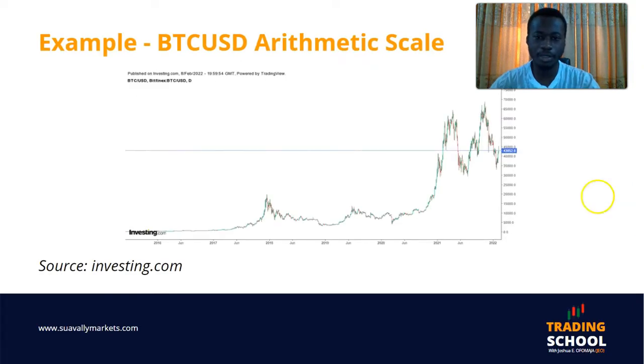Here is a chart of Bitcoin from 2016. You can see how the price of Bitcoin really went up in 2017 before the crash that saw it drop to maybe 3K or something.